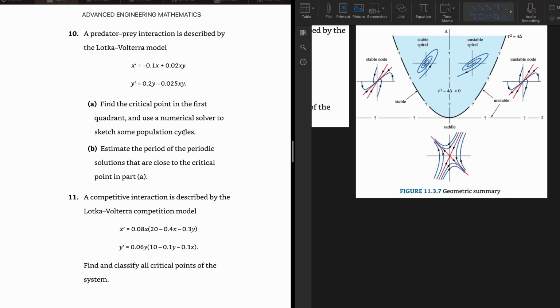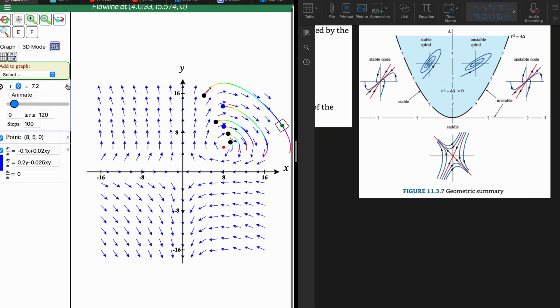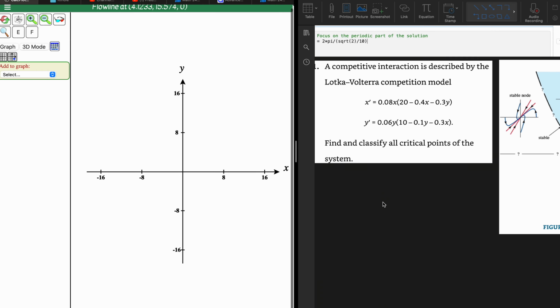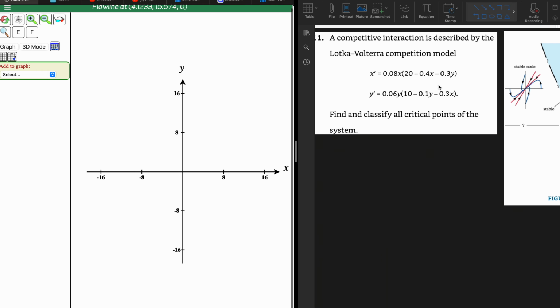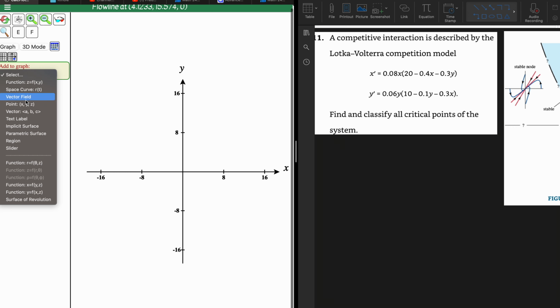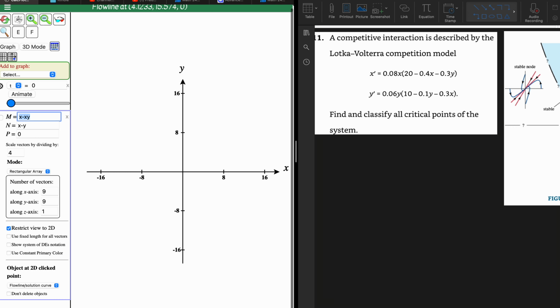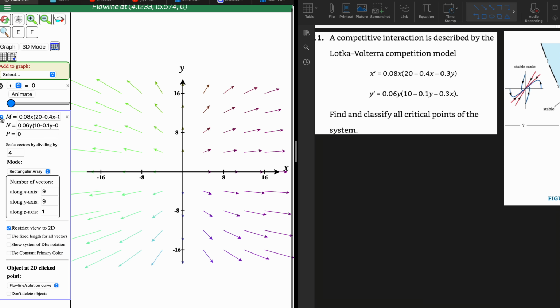Now let's go over to CalcPlot real quick, and let's actually input all this stuff in and see if we get confirmation. So let's go to the vector field, and here I'm going to get 0.08x times 20 minus 0.4x minus 0.3y, and here we get 0.06 times y times 10 minus 0.1y minus 0.3x, and that's 0.